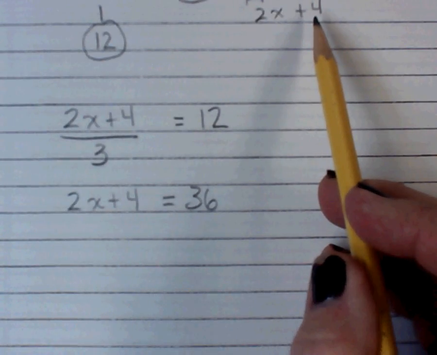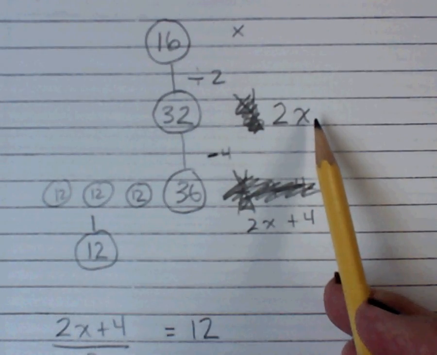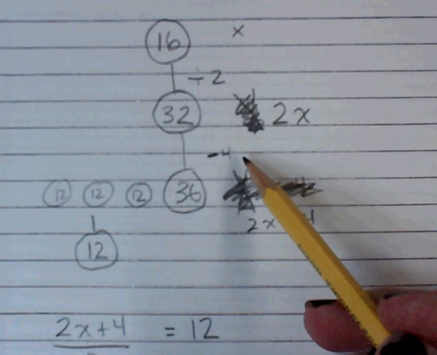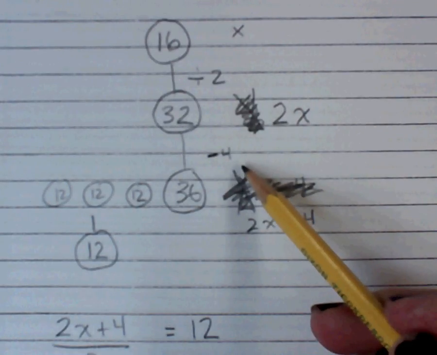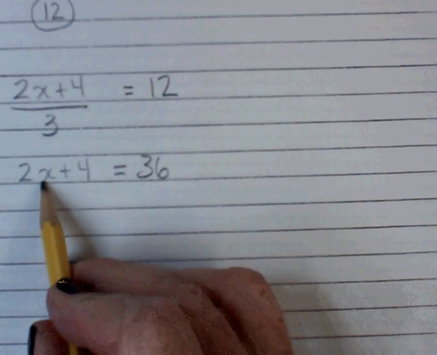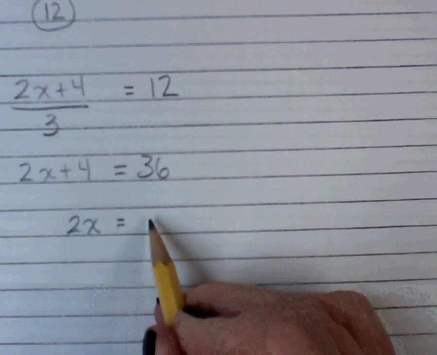Okay, now the expression before that was 2x. How did we do that? We subtracted 4 when we were working backwards. The opposite of 4 kids adding to the table is 4 kids going away from the table. So if we subtract 4 on both sides, we get 2x, and we get 32.